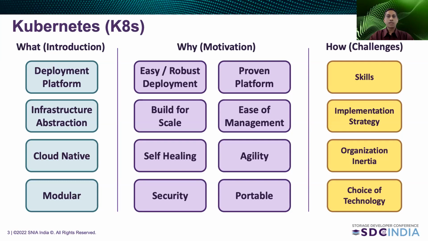So how to do this and what are the challenges? Besides skills, certain things that need to be looked at. For example, the implementation strategy about the changes you will need to bring to your application. This is critical to your decision around adapting Kubernetes in a reasonable time frame and avoiding iterations. Then understanding when you are ready with the sufficient changes in your stack and it is time to move to Kubernetes.